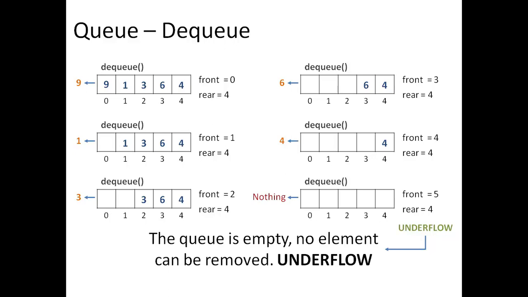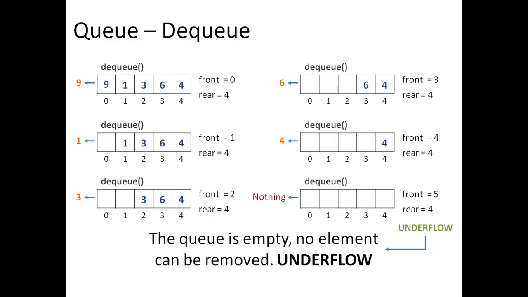So basically there are two conditions to identify the underflow. One is when we have started, where the front pointer as well as the rear pointer are both equal to -1. And the other condition is this, which we are just seeing, where the rear pointer is less than the front pointer.